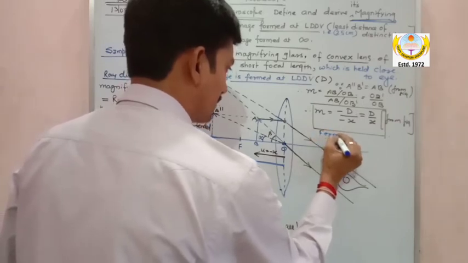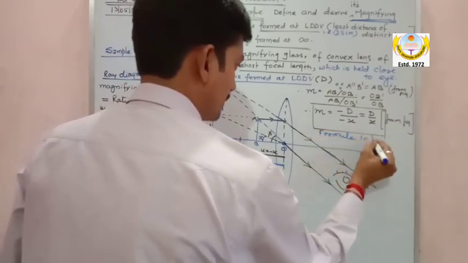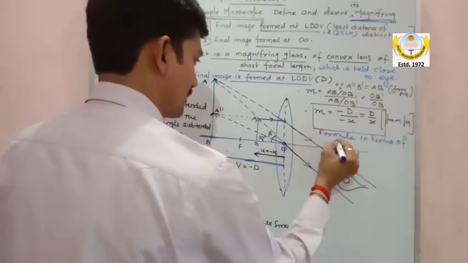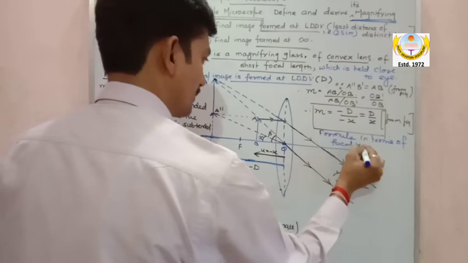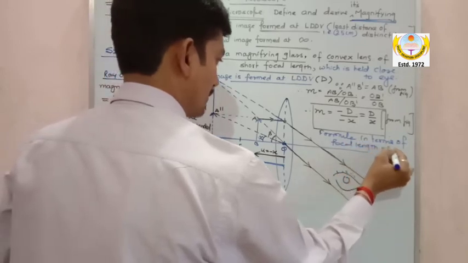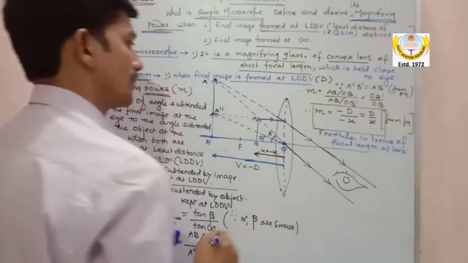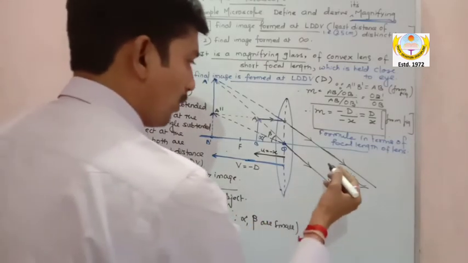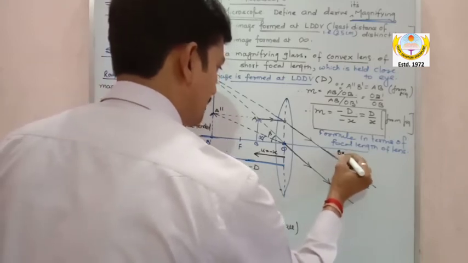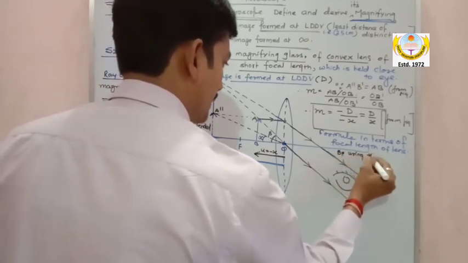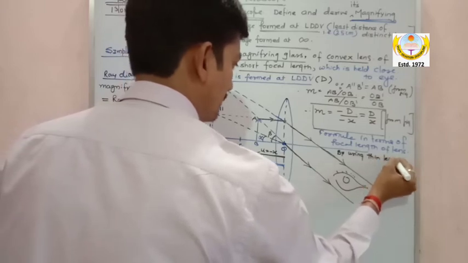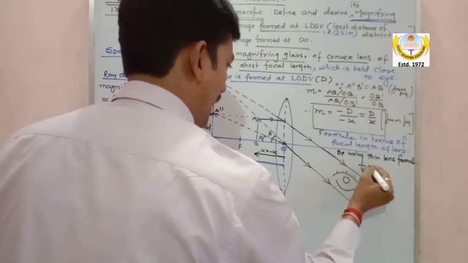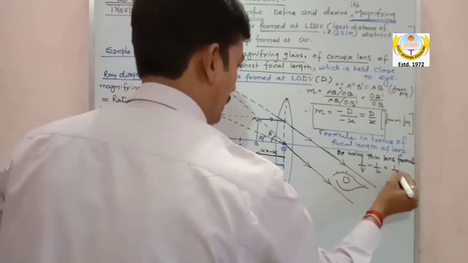Let us see, you all know that by using the thin lens formula, 1 upon v minus 1 upon u is equal to 1 upon f.